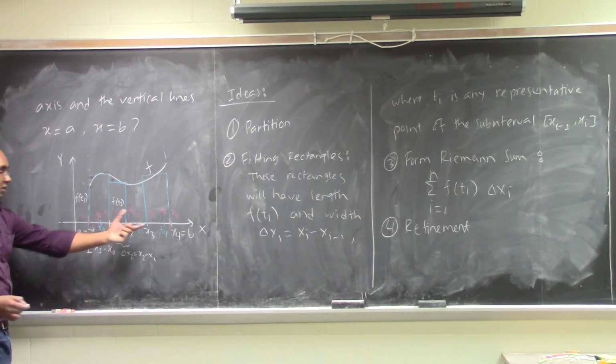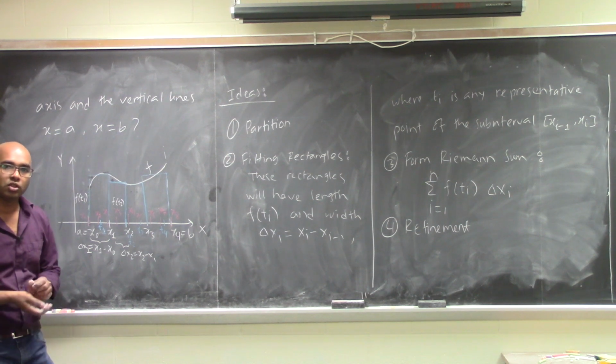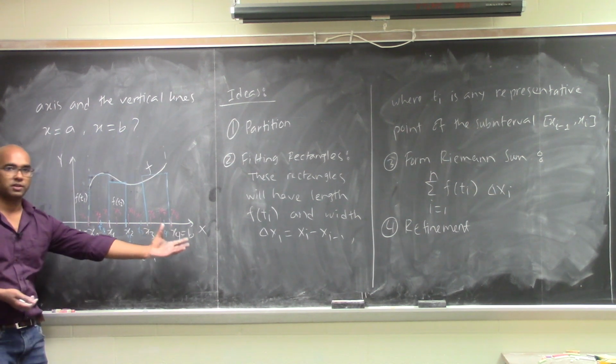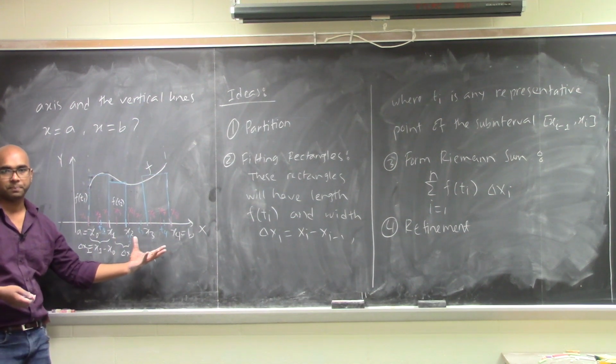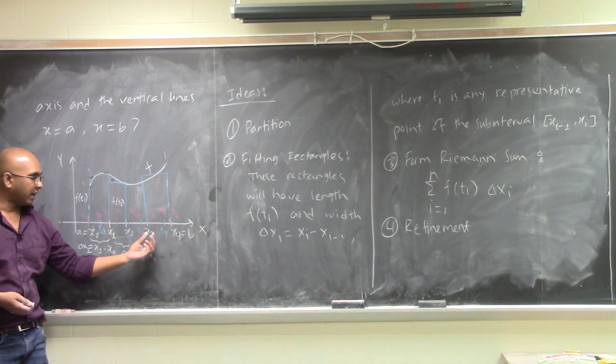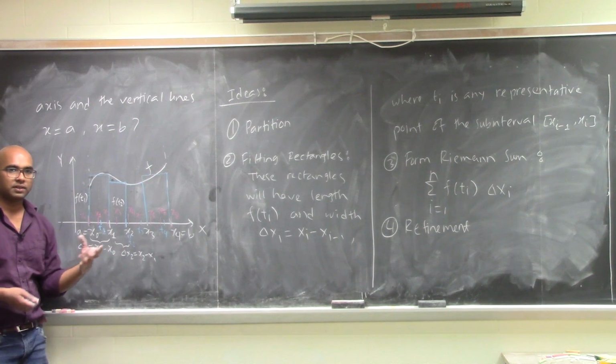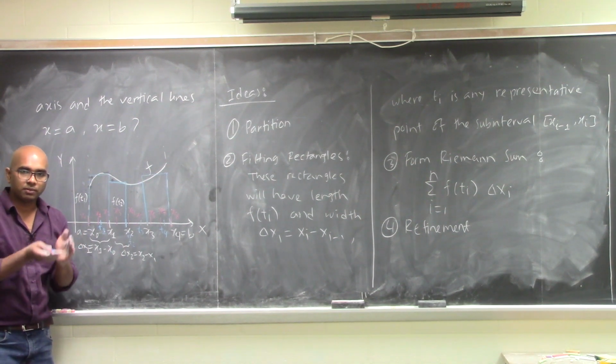Okay, so you have doubled the partition. You have taken more points on this interval, but you have taken more sub-intervals, right? And what happened then, those sub-intervals actually have shrunk down.